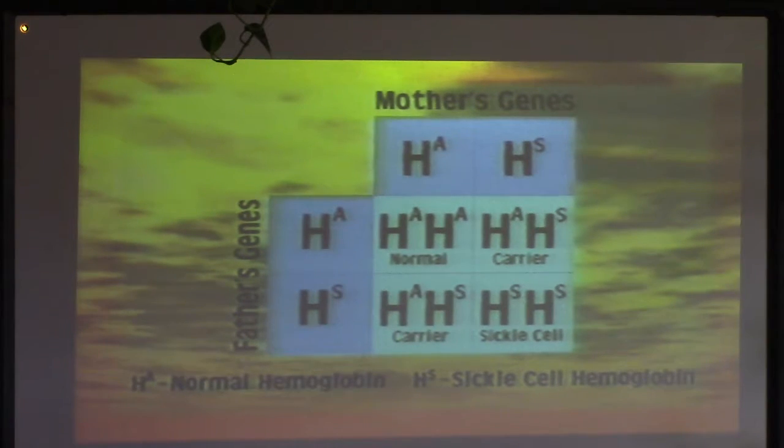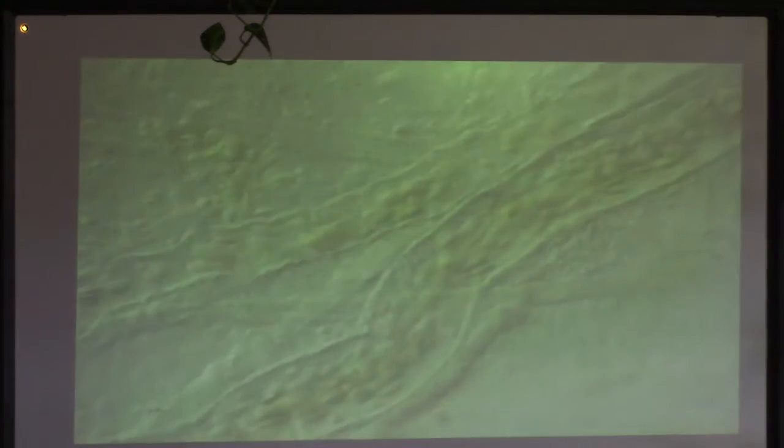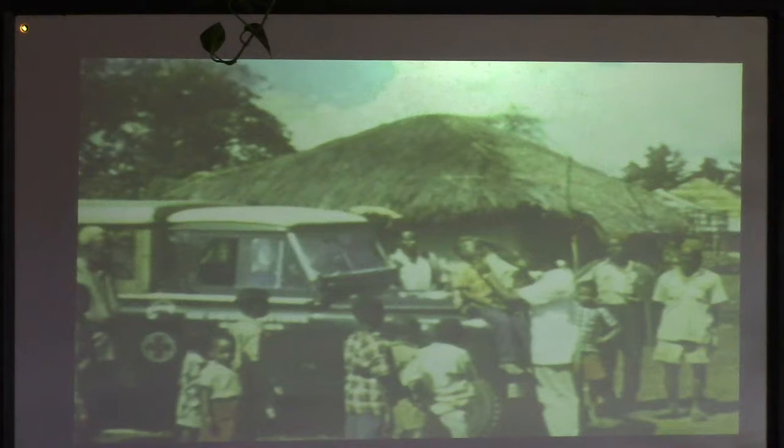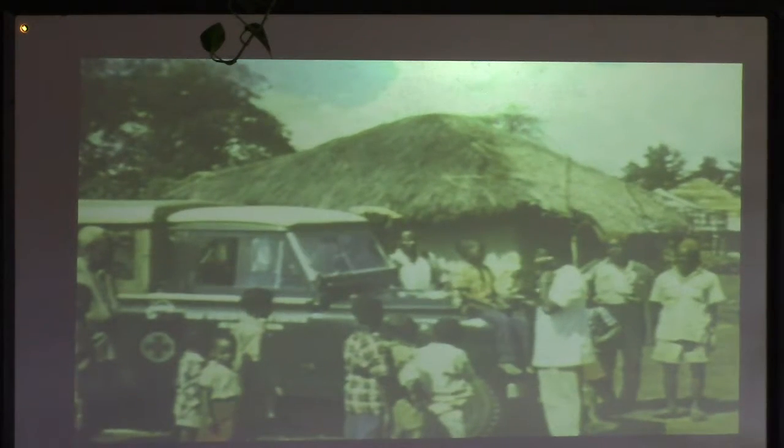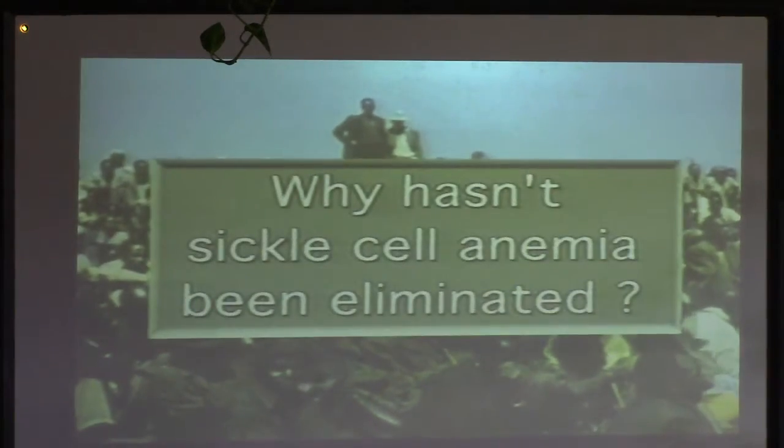When this happens, the sickle-shaped blood cells clog capillaries and lower oxygen levels. Only immediate medical attention can save a person in sickle cell crisis. What seems strange about the mutation is that up to 40% of the people in some parts of Africa are carriers of the sickle cell gene. They have one normal gene and one sickle cell gene. Why hasn't the gene for sickle cell anemia been eliminated by natural selection?